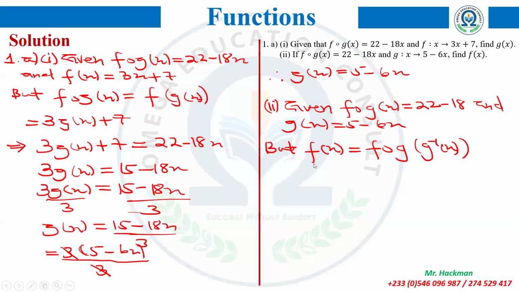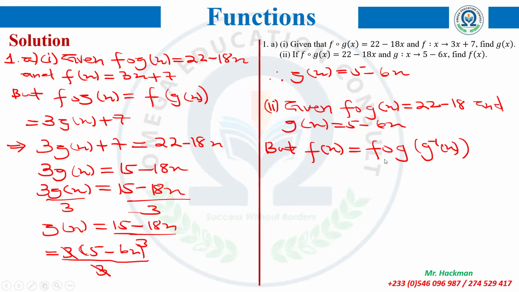So anytime you are looking for your outer function, feed the given composite function by the inverse of your inner function, forgive me, by the inverse of the inner function, which is here. If you are given the outer function and asked to find the inner function of the composite function, then you have to use the direct meaning of the composite function.